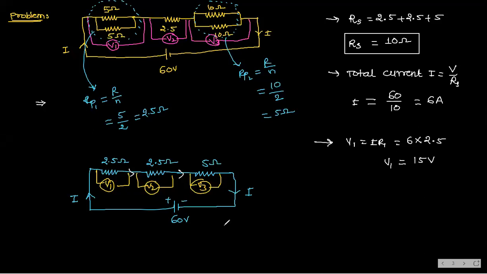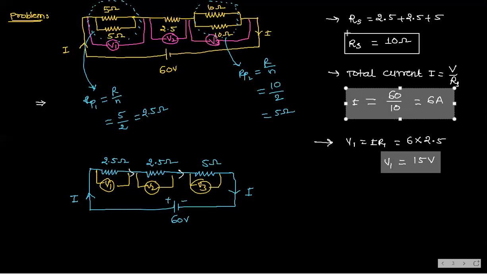This is the right answer. V1 is equal to 15 volt, where I is 6 ampere and RS is 10 ohm.